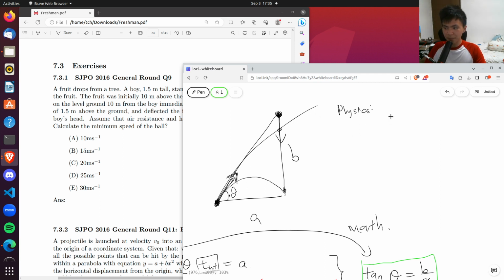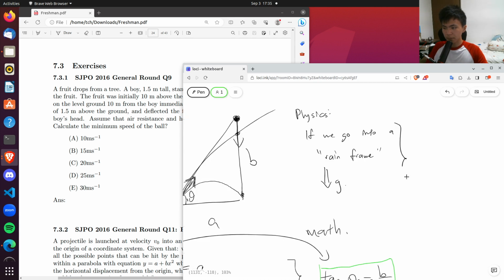If we go into what I'm going to call a rain frame, which is the frame that follows a raindrop as it falls, in other words, the frame accelerating downwards at an acceleration of g, then in this frame the fruit is stationary.